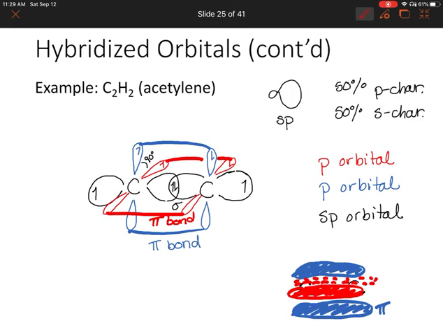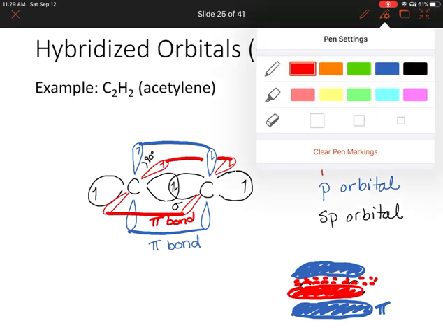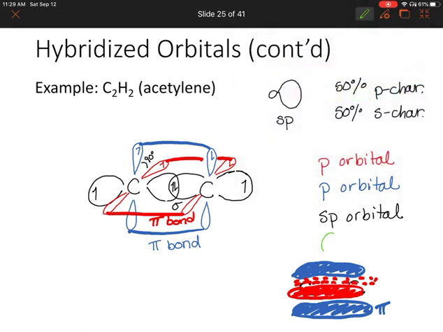All right, so now the last thing we're missing is the hydrogens. So we have two hydrogens, and I'm going to show those in green again. And remember, they have 1s orbitals because they have one electron each. So the only place to really pair them up is with these sp orbitals on either end.